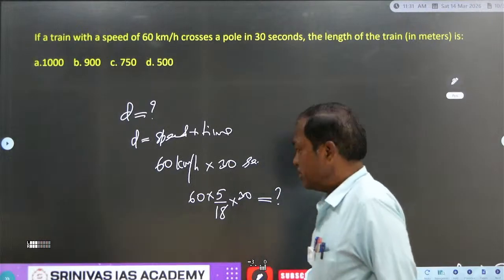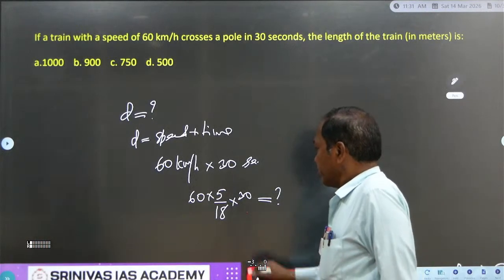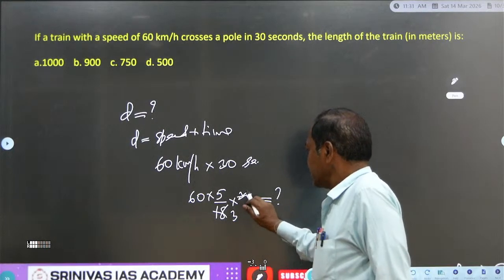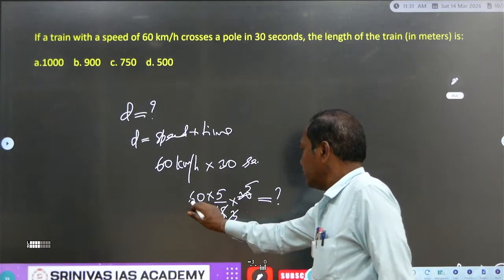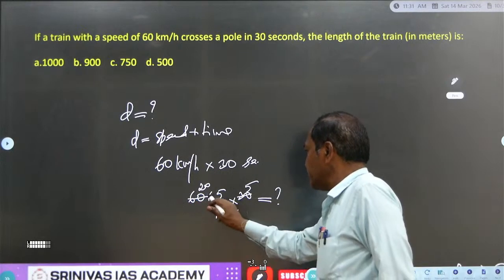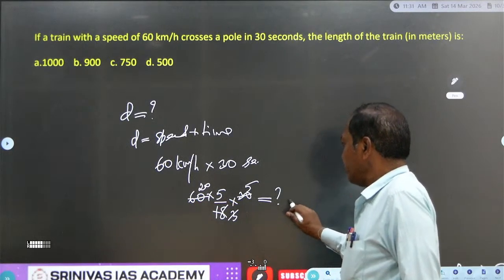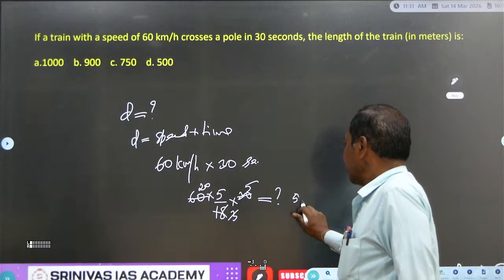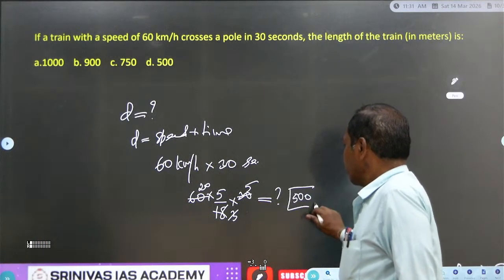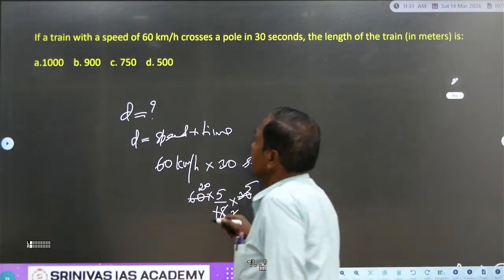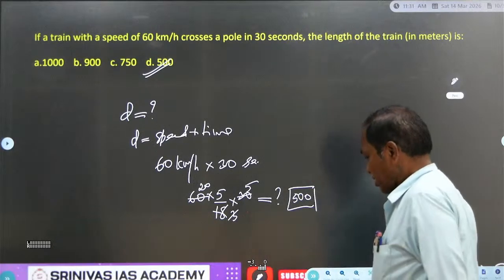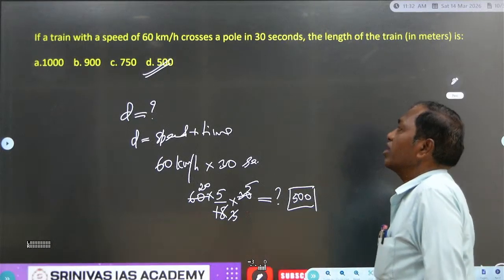This is the distance. 6 3s are 18, 6 5s are 30, and 3 1s are 3, 20s. 2 into 5, 10 into 5, 100, like 25 into 2, 50, one more 0. 500 meters. Option D.